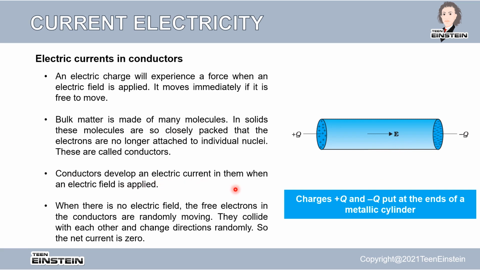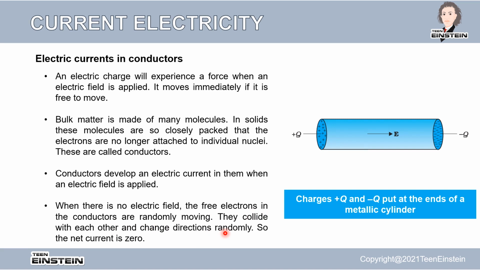Conductors develop an electric current in them when an electric field is applied. So electric current means movement of charges. When there is no electric field, the free electrons in the conductors are randomly moving. Even in the absence of an electric field, the electrons are free to move within the metal anywhere.